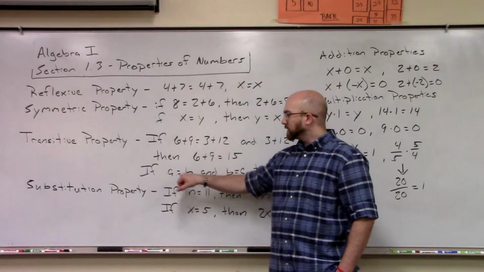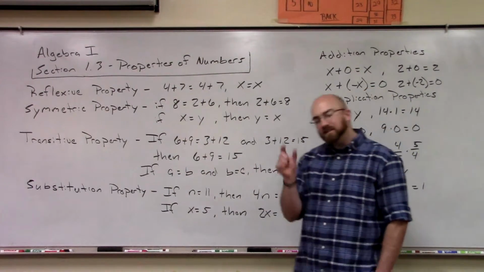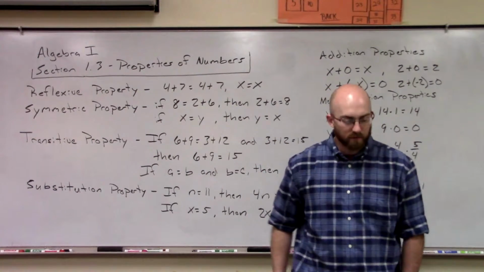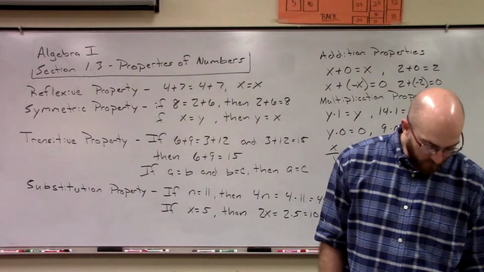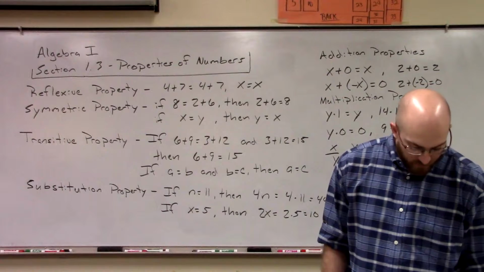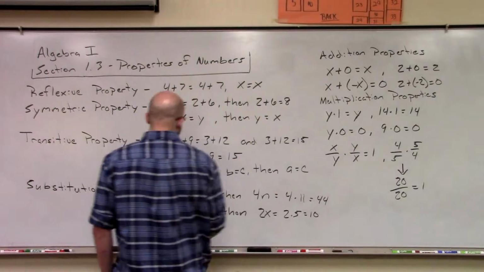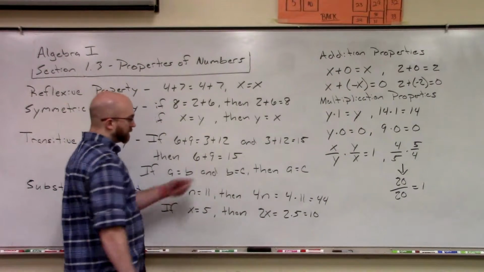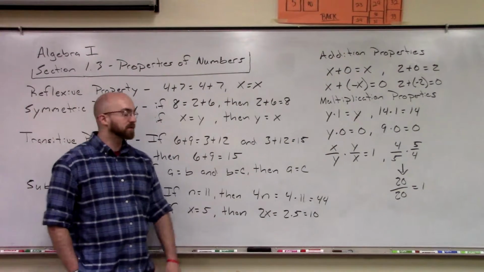General form: if A equals B and B equals C, then A equals C. Basically, it's eliminating the middleman. The words for this one are a long one: if one quantity equals the second quantity, and the second quantity equals a third quantity, then the first quantity equals the third quantity. A equals B, B equals C, so A has to equal C.